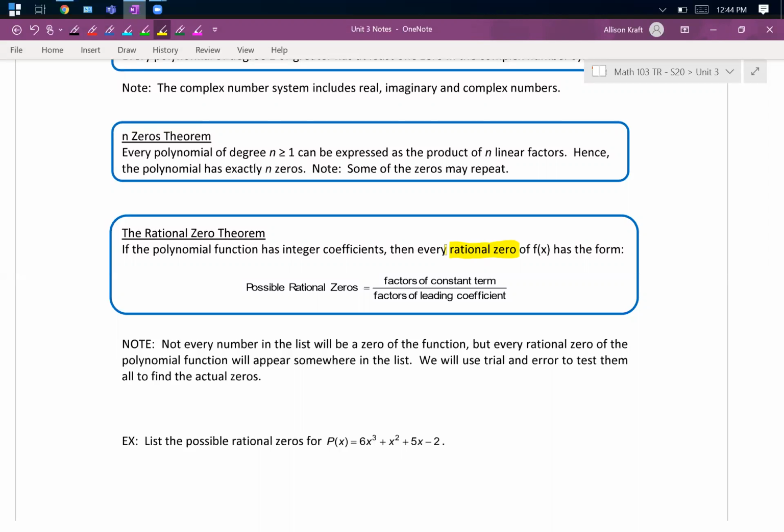We're going to simplify the fraction into a nice list, and then we're going to test those numbers in the list to find actual zeros. Not every number in our list is going to be a zero. It says possible rational zeros. We might get a list of 20 and it only be a cubic polynomial, so clearly, if it's degree 3, we're not going to get 20 zeros.